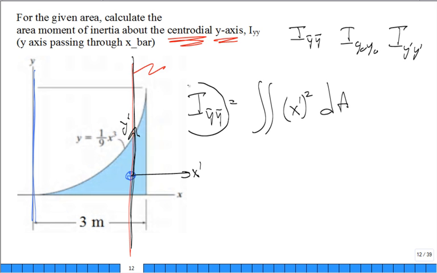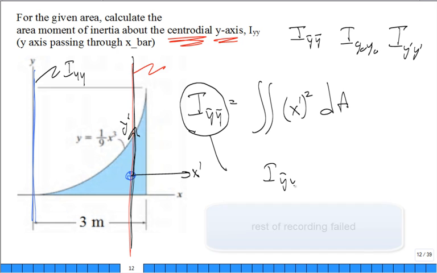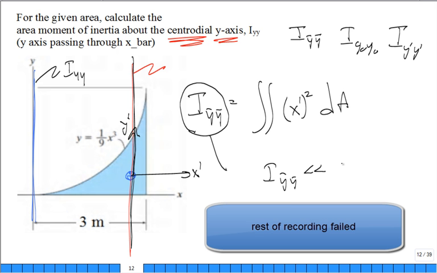Would this value of I sub y for the centroidal y-axis be greater or less than the I sub y for the coordinate system over here? Or do they have the same? This would be much smaller. I sub y bar is, for this problem, much smaller than I sub y.